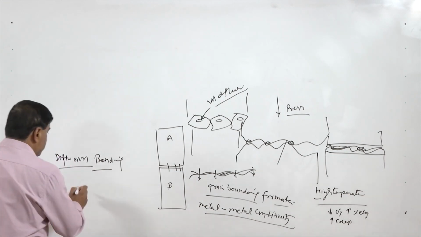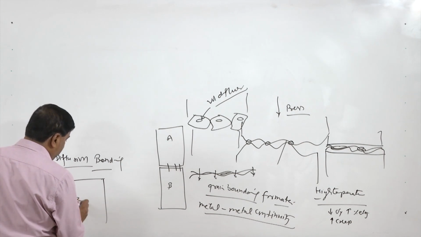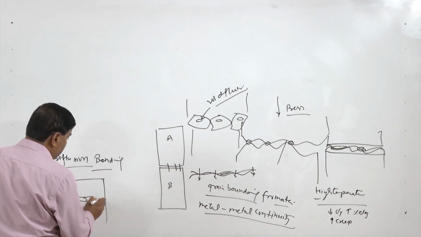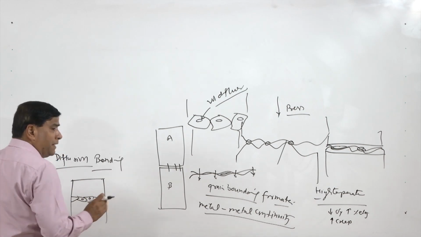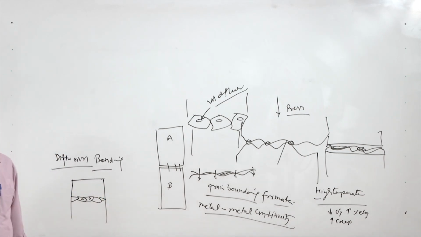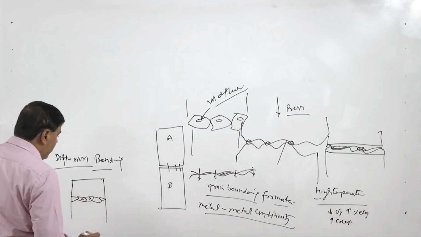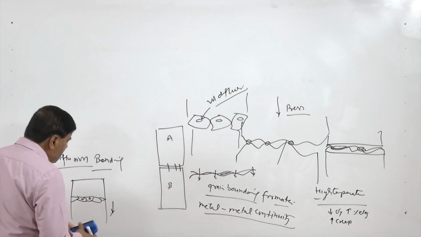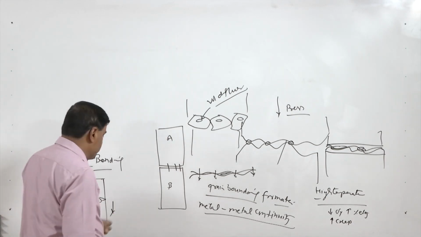However, if the pores are left within the grains, then these are not considered to be very harmful for the mechanical performance or mechanical properties of the weld joints, because these are within the grains and they are very localized and their shape is spherical.